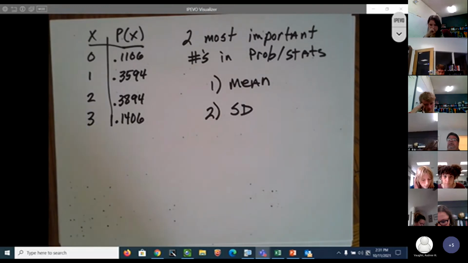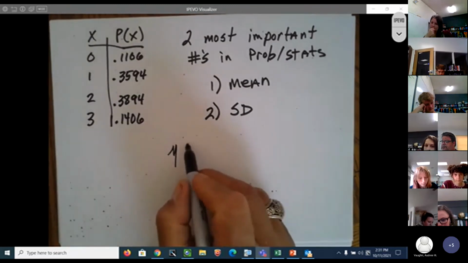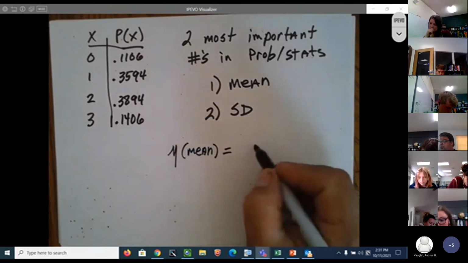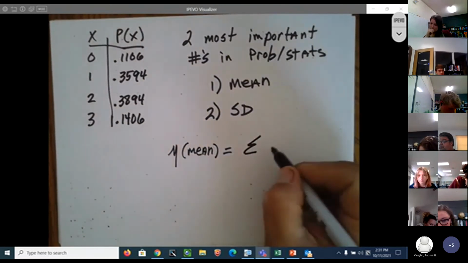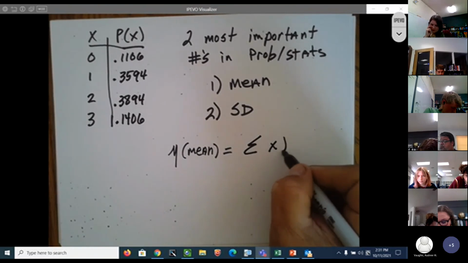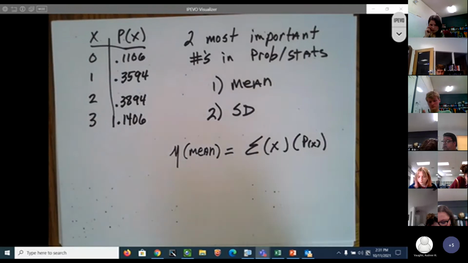How do you find the mean and the standard deviation of a probability distribution? Well, I'm fixing to give you the formulas for the two people that's going to write them down. The mean is equal to adding up the event times the probability of the event. That's how you find the mean.